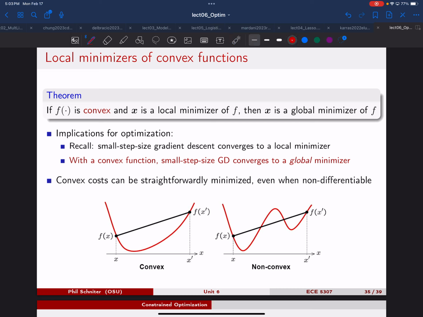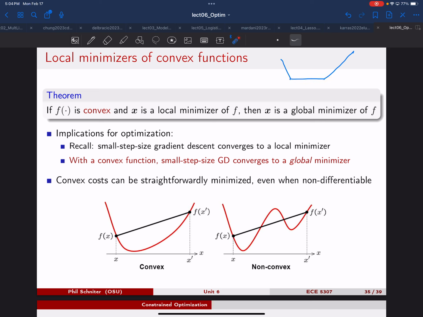So you could have situations like the following with a convex function. You could have a function that has a big flat spot, so in this case all of these points are equally good. There are many local minima, and they're all global minima. This is a convex function.